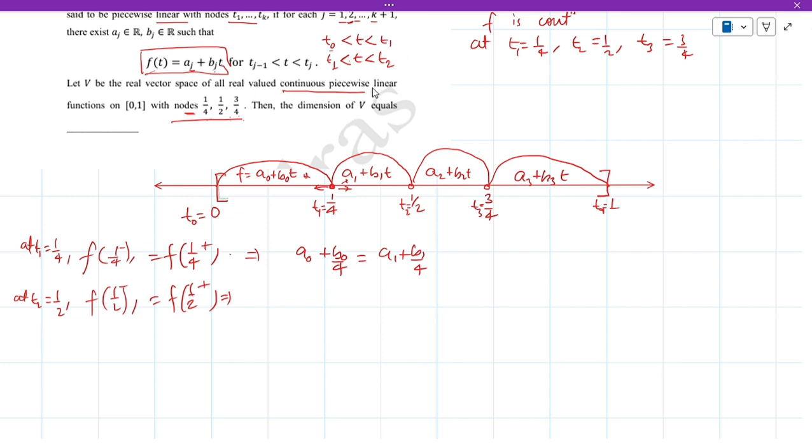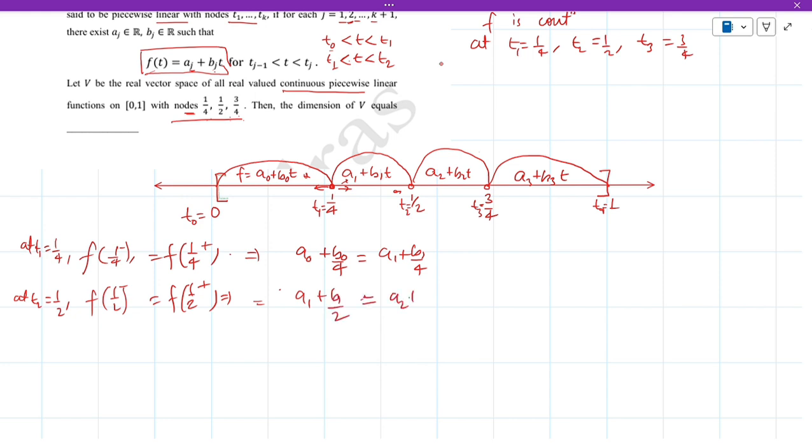Now we are moving from 1 by 2 to the left side, which means this function, right? So if we put t equal to 1 by 2, we get a1 plus b1 by 2 is equal to a2 plus b2 by 2.